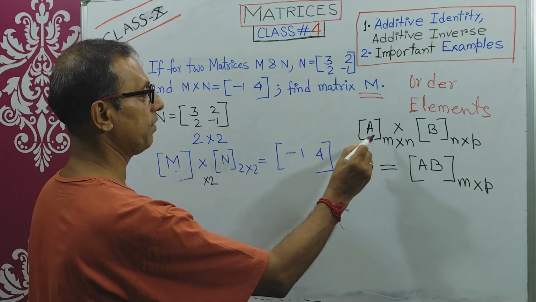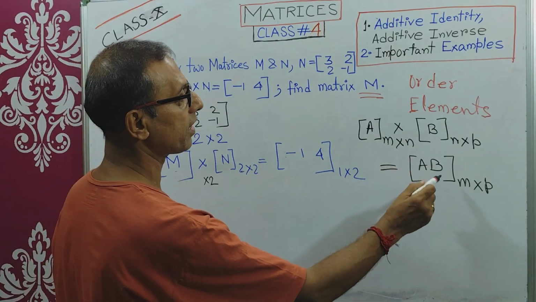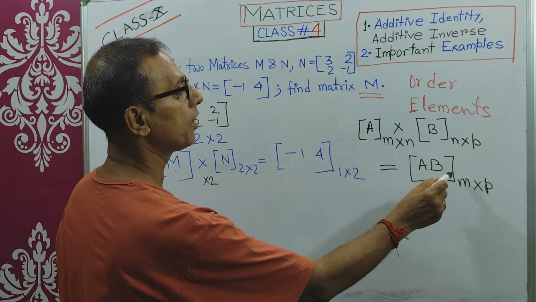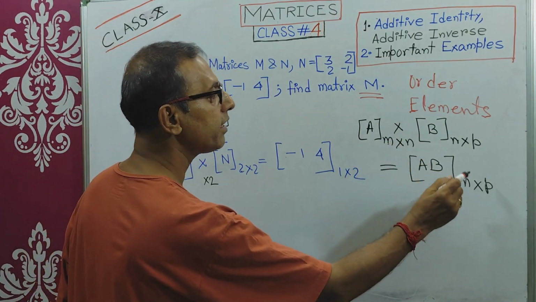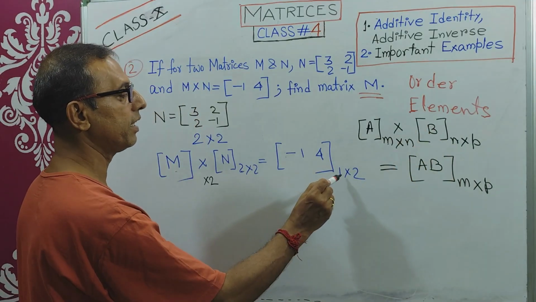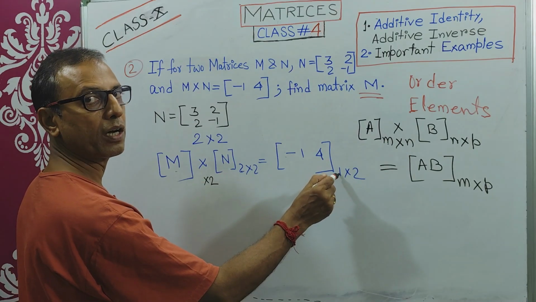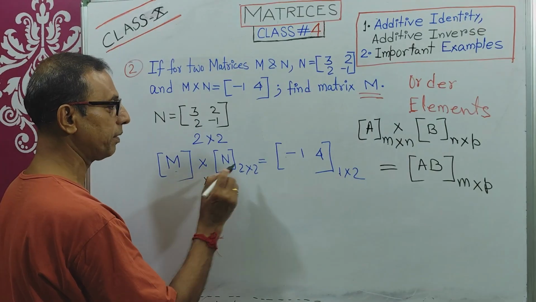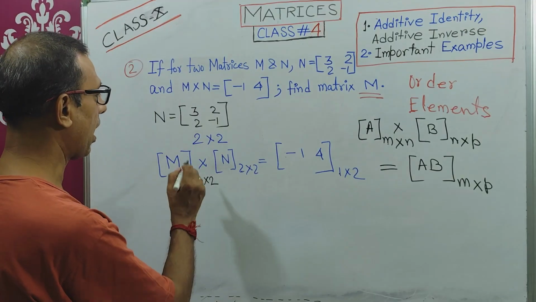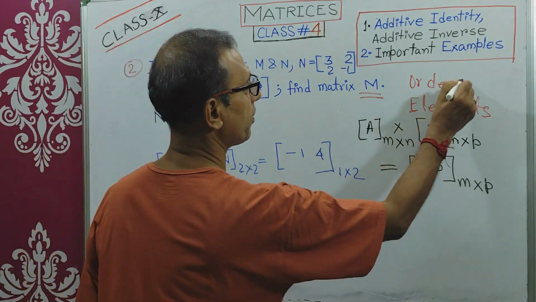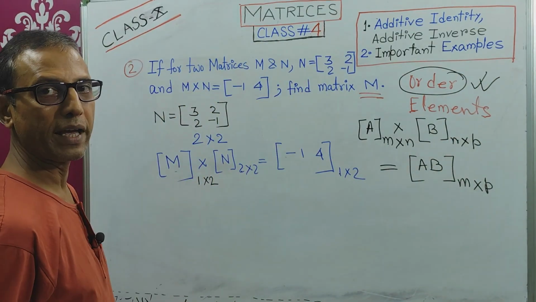If multiplication is possible between two matrices, the resultant matrix will have the same number of rows as the first matrix and the same number of columns as the second matrix. Here the resultant matrix is 1 by 2, so the number of rows of the first matrix is 1. That means matrix M also has 1 row. So now you have found the order of matrix M, right? Now you need to find the elements.